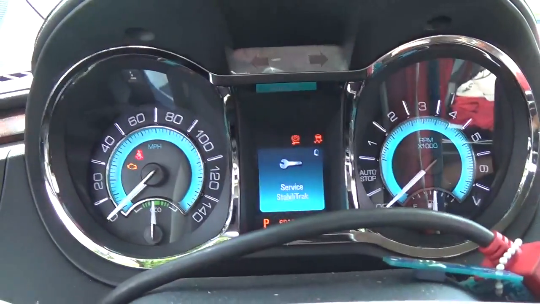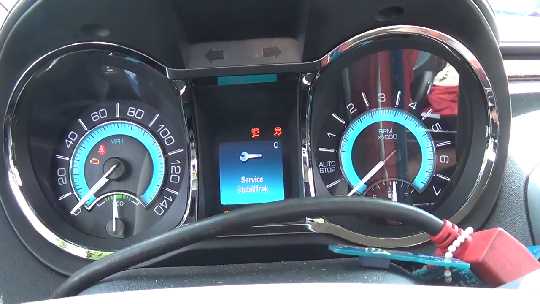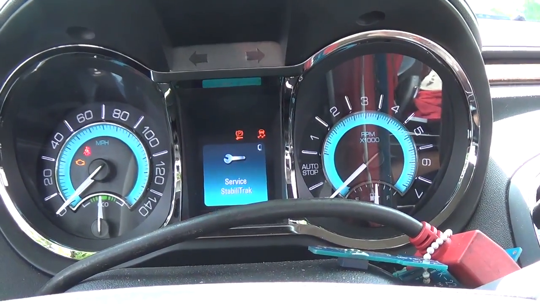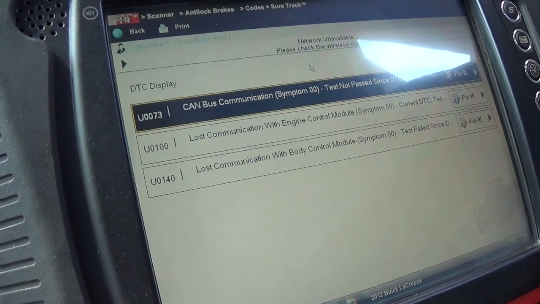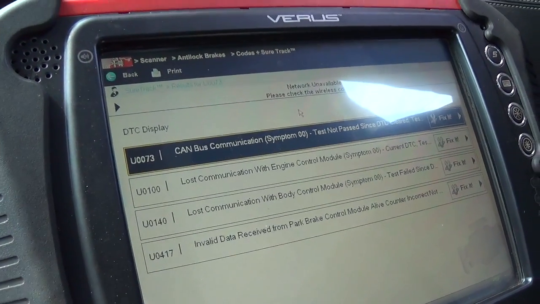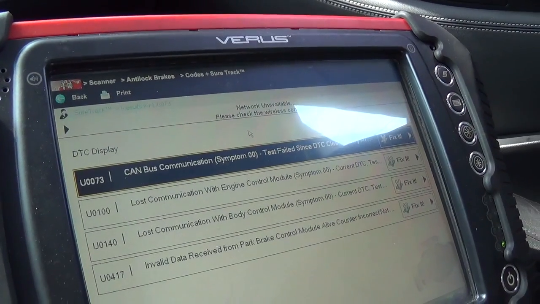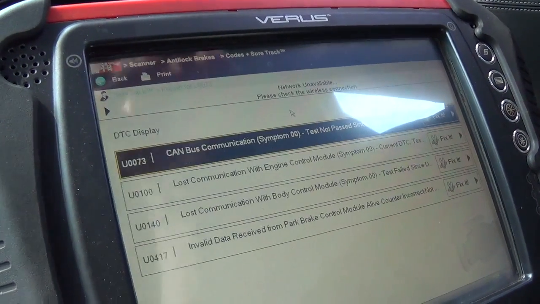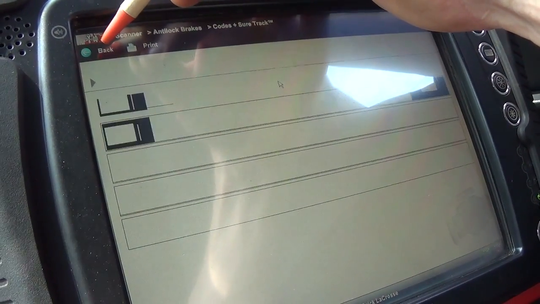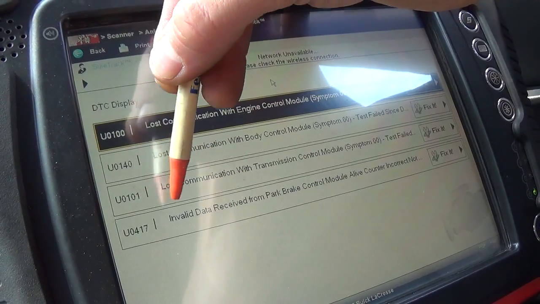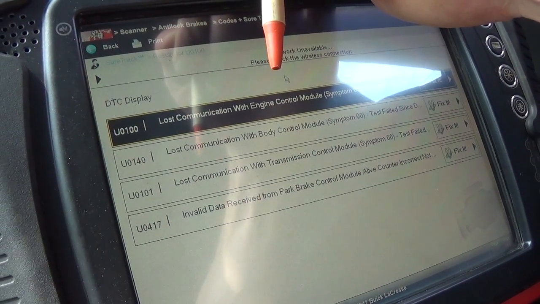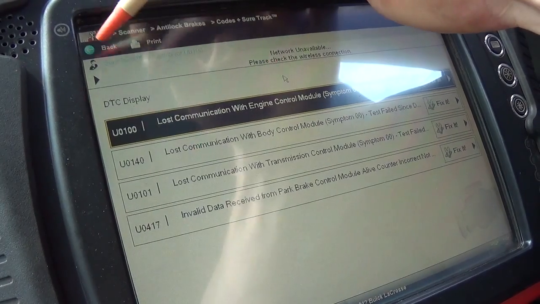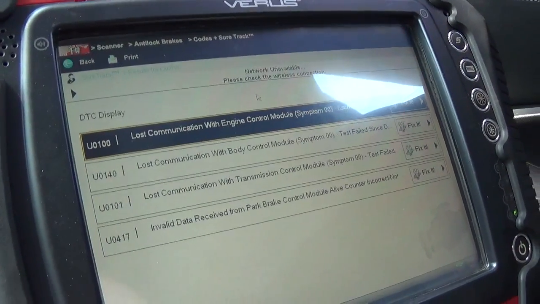Okay, now our warning lights are back on. Wow. So this thing's going nuts. Right now, the fault is happening, it looks like. 140, 101, 417. This is bizarre.